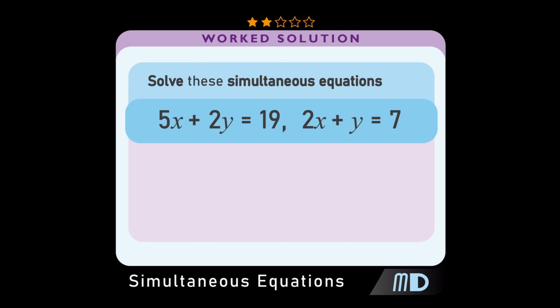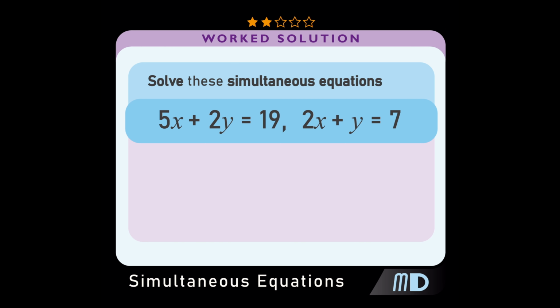Answering this question is a four-step process. First, we need to multiply one of our equations by an integer to form a pair of equivalent terms.